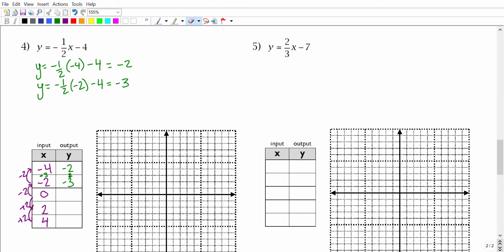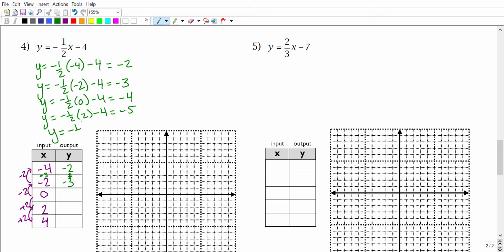All right. So let's go ahead and continue finding the rest of our values. So we have y equals -1/2 times 0, minus 4, which is -4. -1/2 times 2 minus 4. That's -1 minus 4, which is -5.